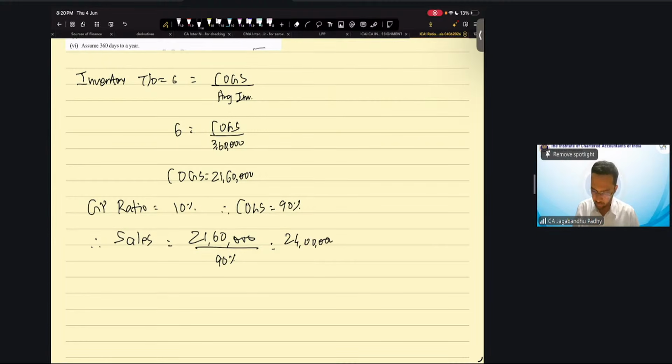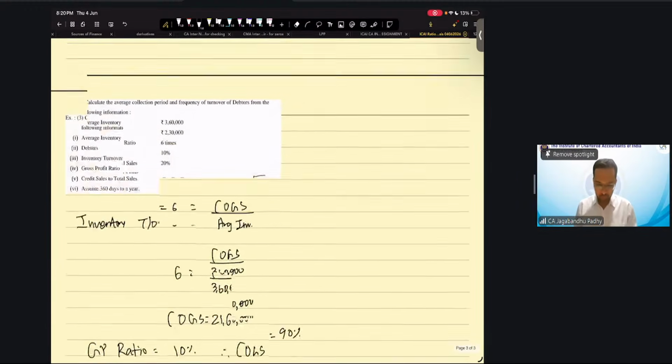Sales is 24 lakh. Okay. Sales is 24 lakhs.